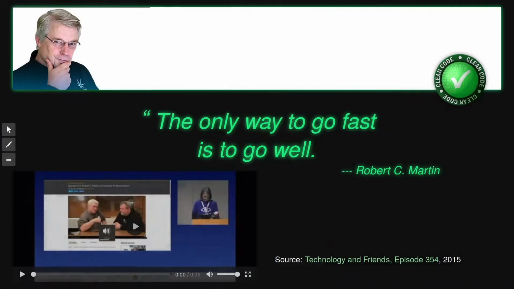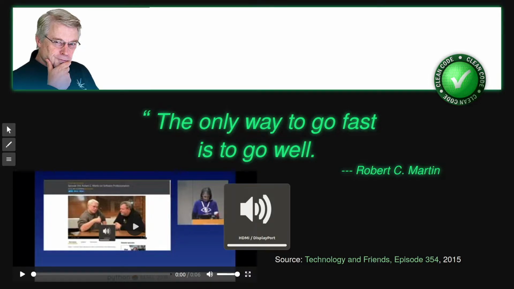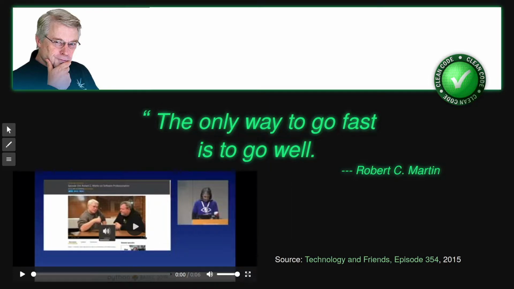There is someone who I think knows that very well, and probably you know him, Uncle Bob. It's Robert C. Martin. He's someone who knows the problem well and talks about it. He's one of the founders of the Agile Manifesto. Let's listen to what he says.